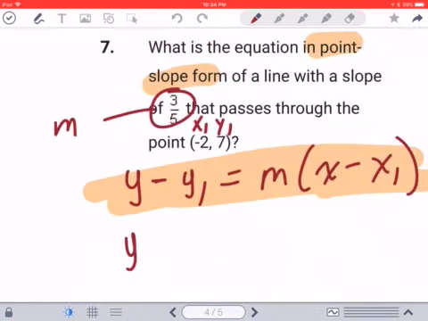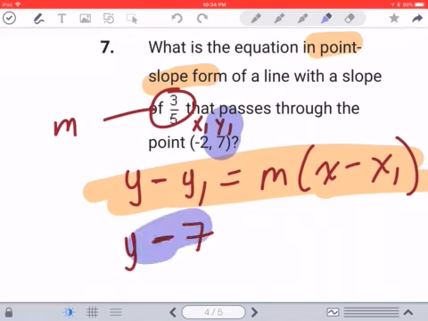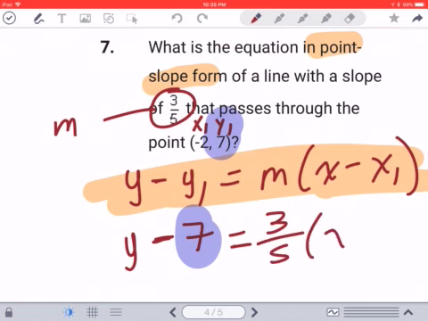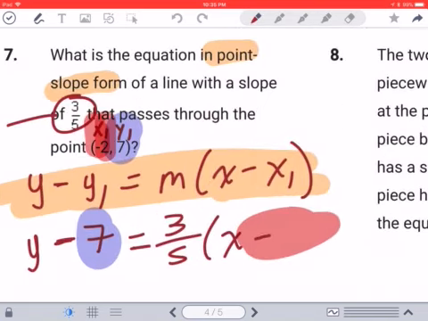So y minus y1, which is 7. So y1 is 7, so I just plug that in right there, equals 3/5, which is my slope, times x minus x1. x1 is in red right here. Okay, and I have to have two minus signs here. So this is in the formula already, plus it's a -2.